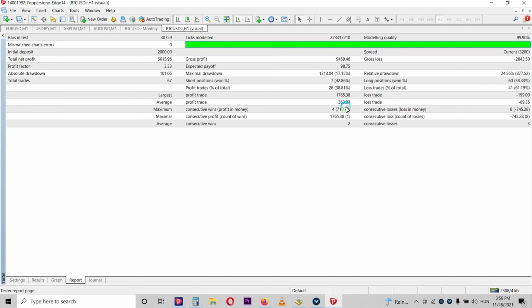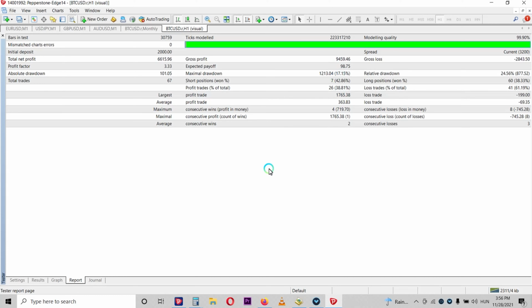And if you combine this kind of risk to reward ratio with this kind of risk to reward ratio based on the largest profit trade and largest loss trade, this combination tells something. And with the relatively low drawdown, it is not the lowest, but it is not that high.